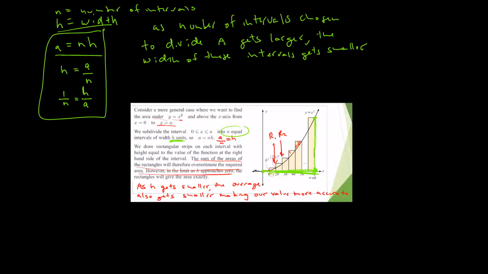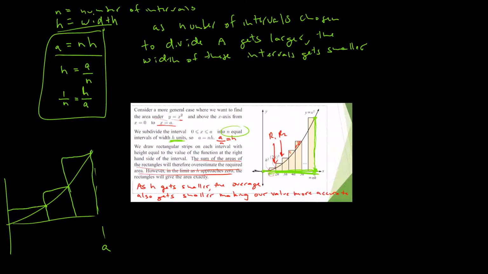Now, why is this even important? Because we're going to use these rectangular strips to represent our area. You can see on here, if I have a function that looks like this, and I choose to take a and divide it into 3 values, I would end up with something that looks a little bit like this.